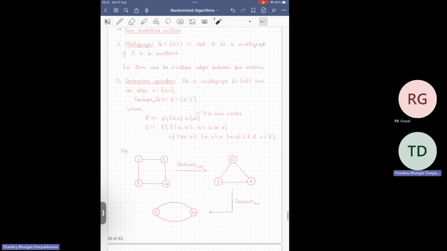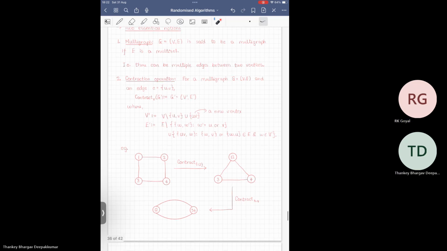I removed the vertices u and v, but I added a new vertex uv, right? So suppose there was an edge between u and w or v and w.